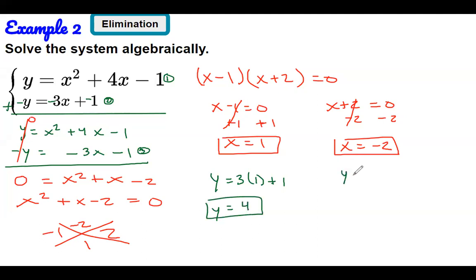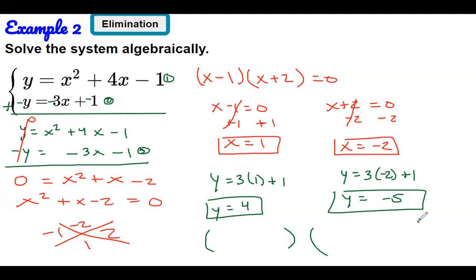Now y equals 3 times -2 plus 1. 3 times -2 is -6, and -6 plus 1 is -5. So I have coordinates as a solution. How do I write my coordinates? 1, 4, and -2, -5.